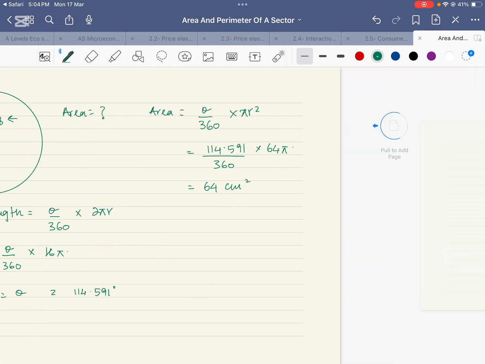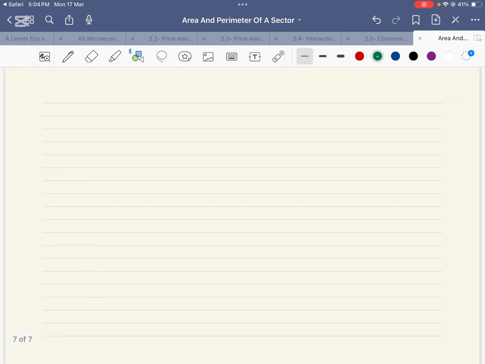There are a few questions in which you have two circles within each other, which looks something like this. This is a sector and this is the shaded region. Now what are we required to do? The question says that this is 75 degrees.